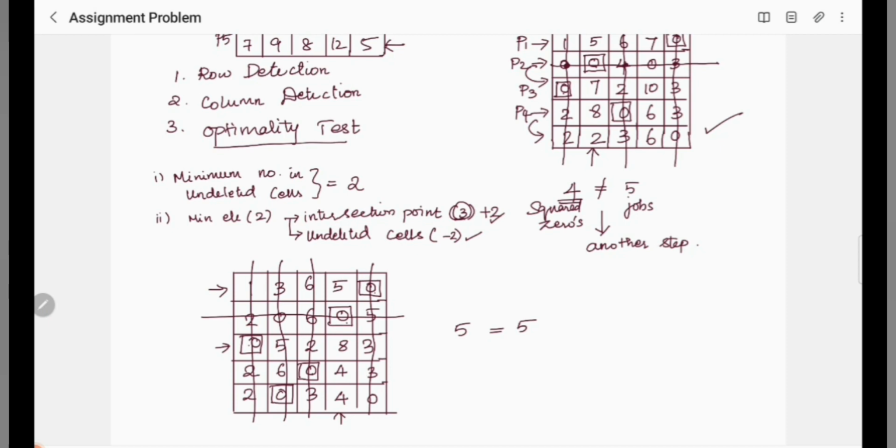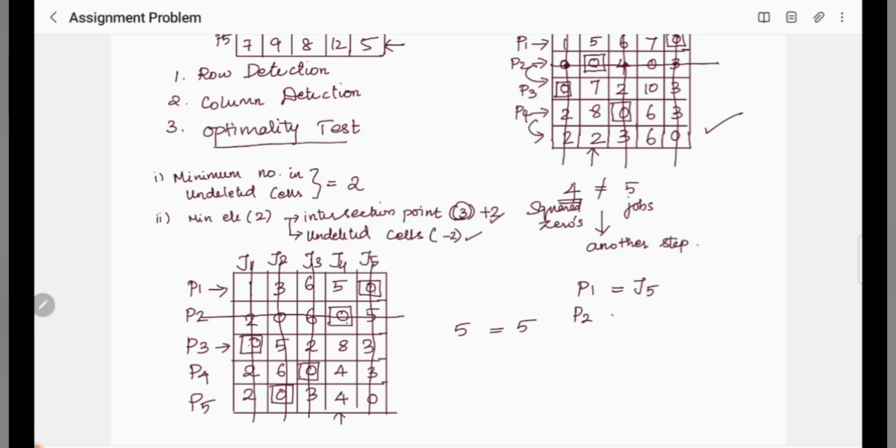So we have to finally write our answer. I am just plotting it. This is P1, P2, P3, P4, P5 with J1, J2, J3, J4 and J5. The squared zeros represent that the person is being allotted that particular job. Person 1 has a squared 0 in the 5th column, so person 1 is assigned job 5.